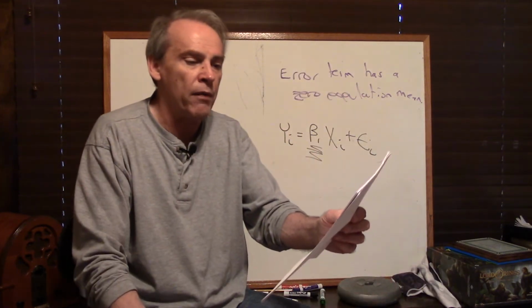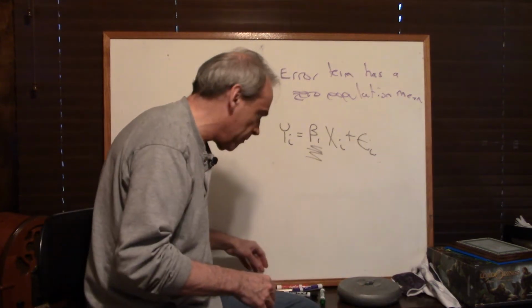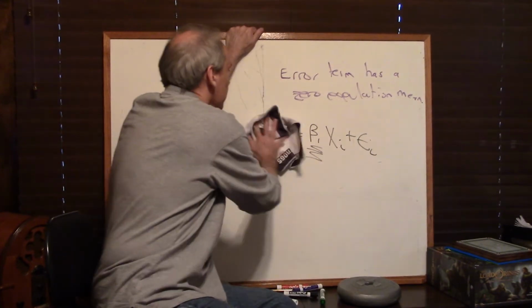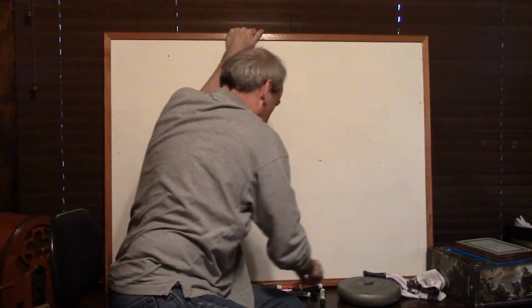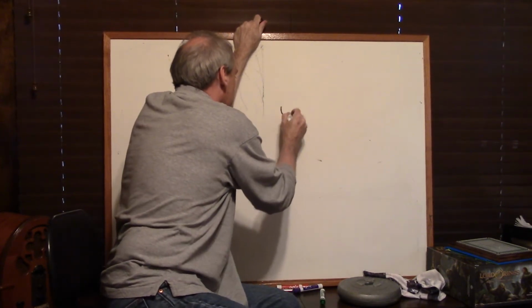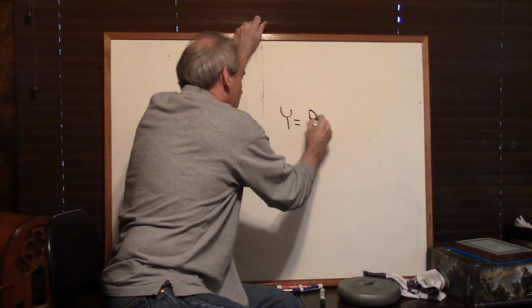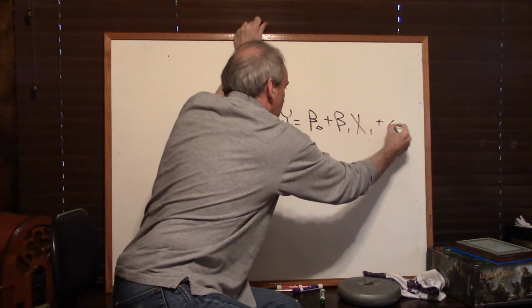Number 3. All explanatory variables should be uncorrelated with the error term. Let me write another equation up here: Y = beta sub 0 plus beta sub 1 times x sub 1 plus the error term.